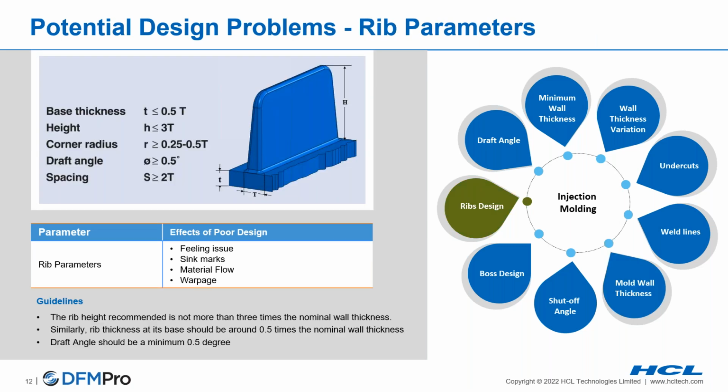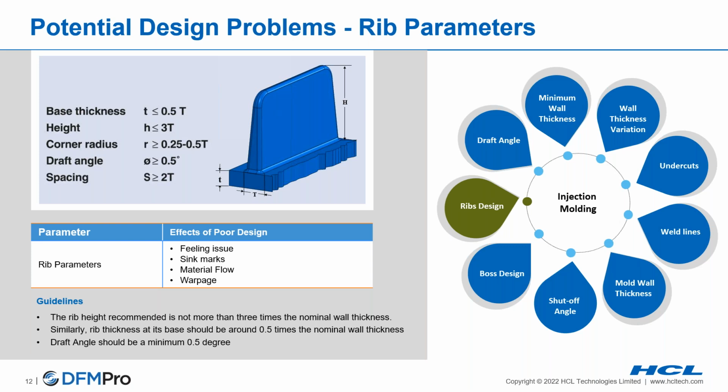Next is the rib parameter. Ribs are one of the most common features added to the plastic part. Ribs are added to provide strength and stiffness to the plastic part. Tall ribs can create cavity filling issues, venting and ejection issues. Thick and deep ribs can cause sink marks and filling problems. If ribs are too long, supporting ribs may be required.